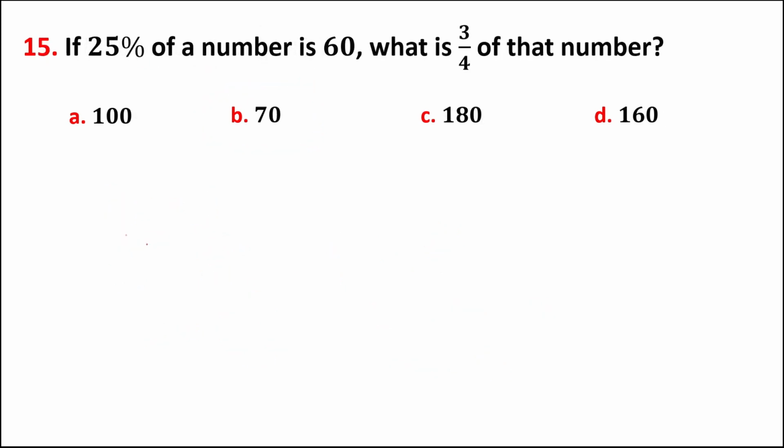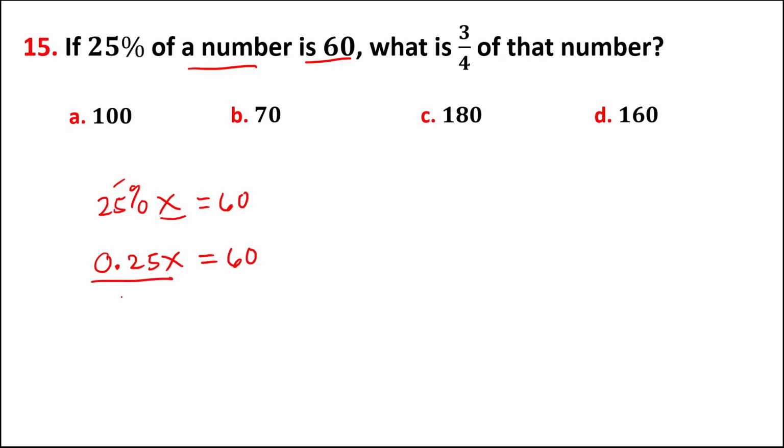Then for this problem, if 25% of a number, so the number is x, is 60, then what is 3/4 of that number? First, we need to find this number. 25% in decimal is 0.25, then 0.25x equals 60.